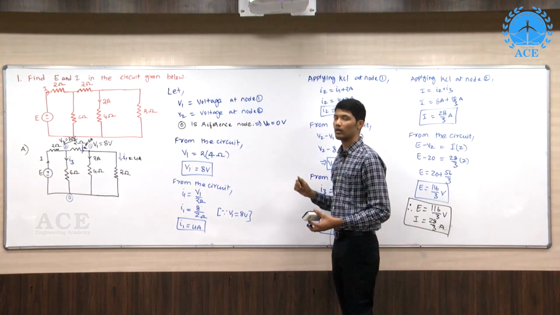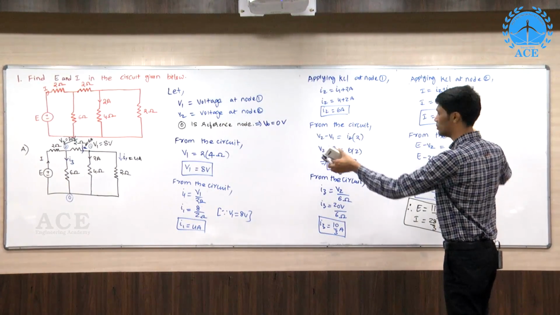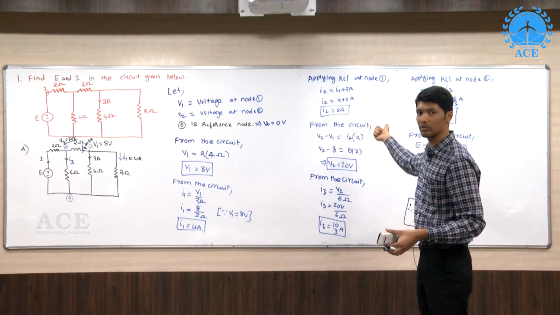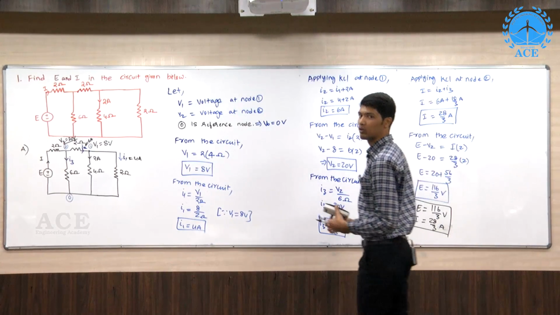Just by looking at this kind of presentation, it's very clear where the final answer is, where the circuit is, where the sub results are, and what the sub results are. So this kind of presentation will definitely fetch you 10 out of 10.